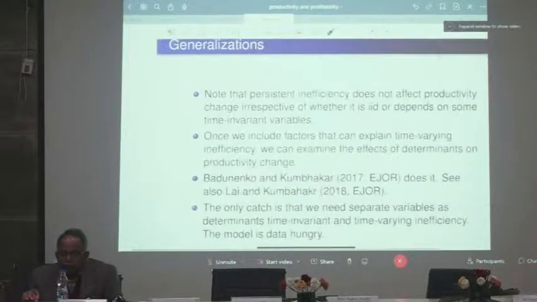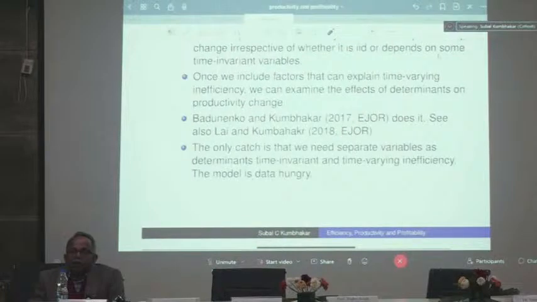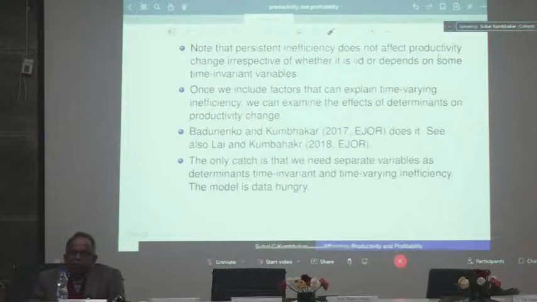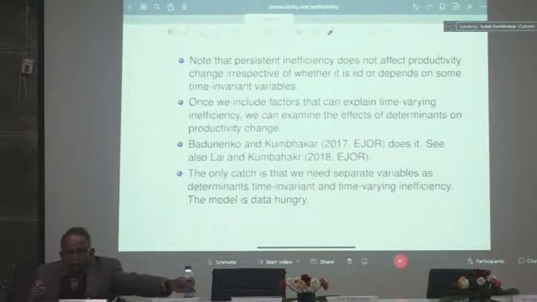Okay, so the other thing is, again, you can complicate the model by using determinants of inefficiency. So when you talk about efficiency change, what is causing efficiency to change over time? Well, that might be because the Z variables are changing over time. That's why inefficiency is changing.